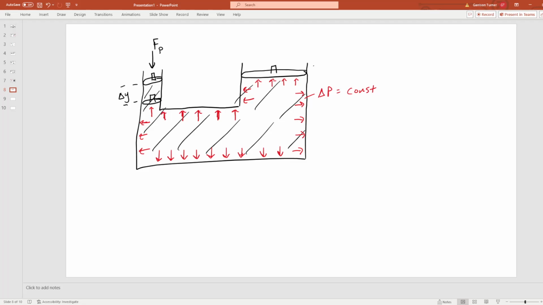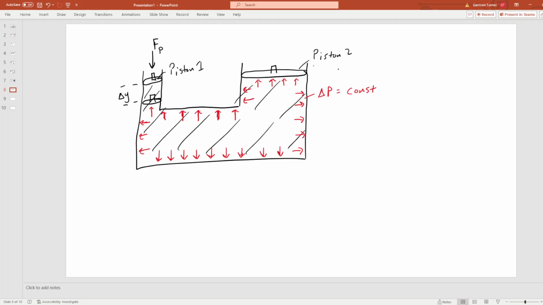With that extra delta P, I label this piston 1, and this is piston 2.